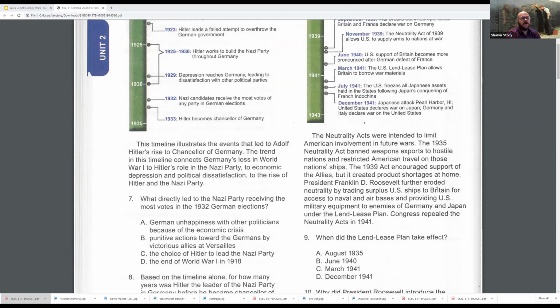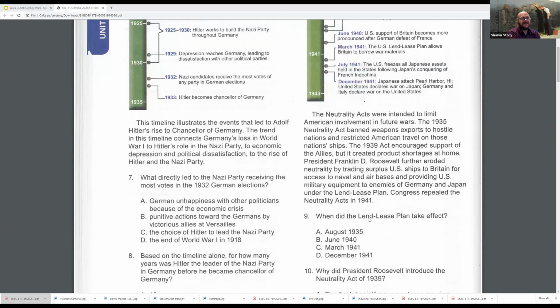President FDR further eroded neutrality by trading surplus U.S. ships to Britain for access to naval and air bases and providing U.S. military equipment to enemies of Germany and Japan under the Lend-Lease Plan. Congress repealed the Neutrality Act in 1941.